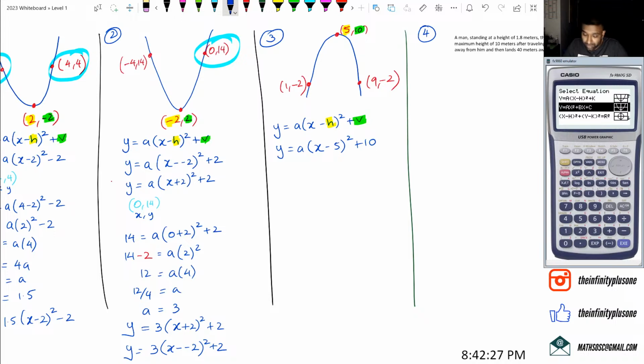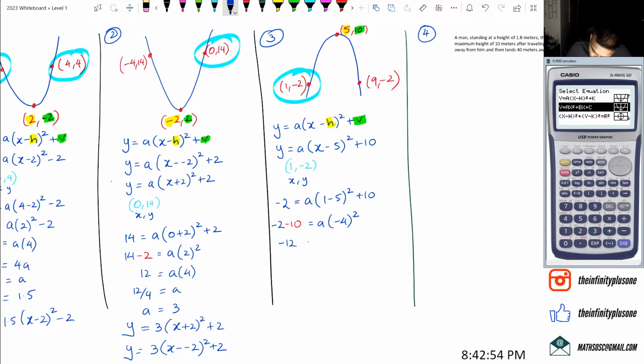I need to pick a point. Either point I can choose. I'm going to choose this one here, which is (1, -2). This is going to be my x value and y value. So I've got -2 equals a(1 minus 5) squared plus 10. So I've got -2 minus 10 equals a times (-4) squared.